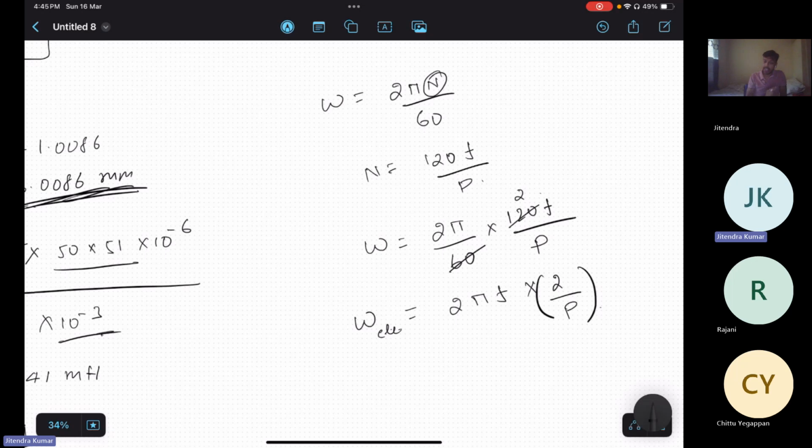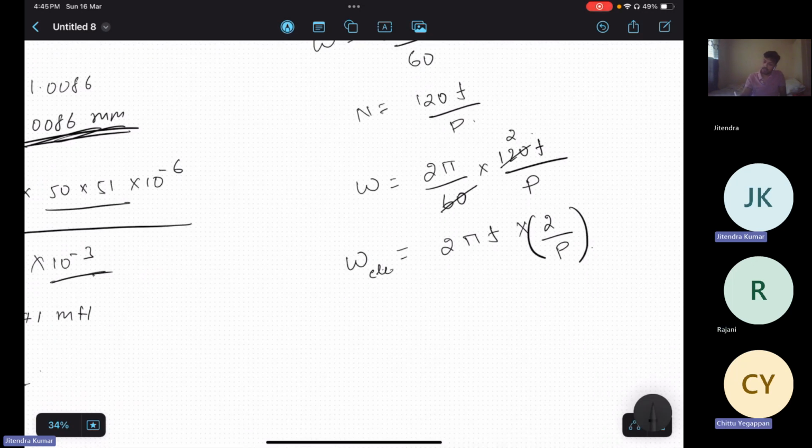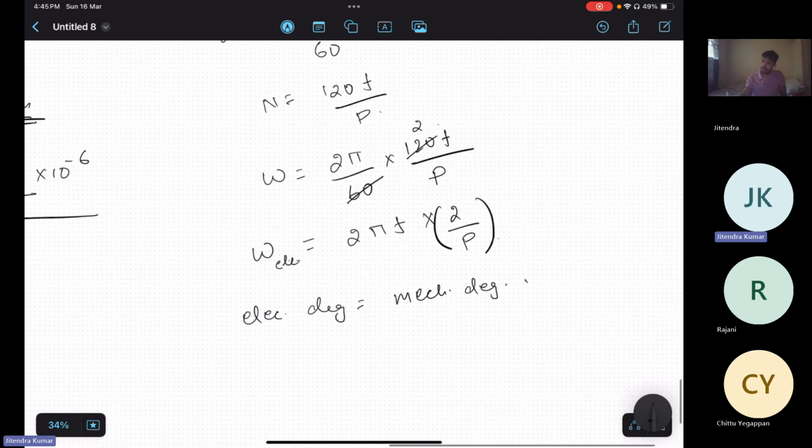If you recall from undergrad, there will be a term of 2 by p, right? Electrical degree is equal to mechanical degree into p by 2. So this p by 2 factor is associated with this speed term, and if you ignore this, it means you are considering mechanical degree equal to electrical degree.